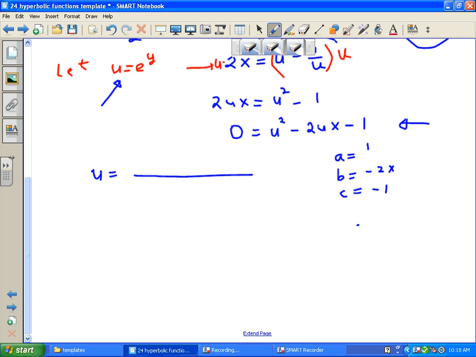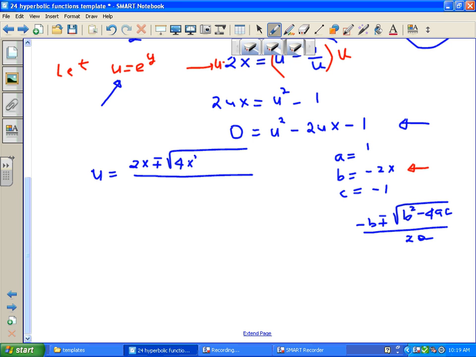Okay, now we want to have negative of b, according to the formula. Let me remind everybody the formula. Negative b plus or minus square root of b squared minus 4ac all over 2a. This is the formula. Okay, so negative of b, which will be 2x, plus or minus the square root of b squared, which is, if you square this quantity together, what do you get? 4x squared.